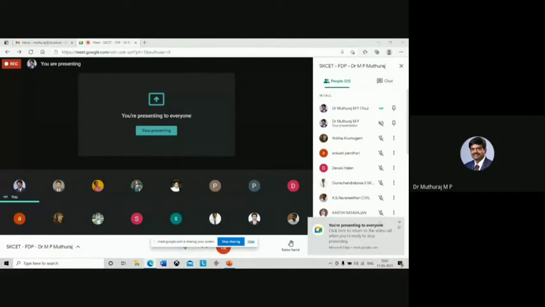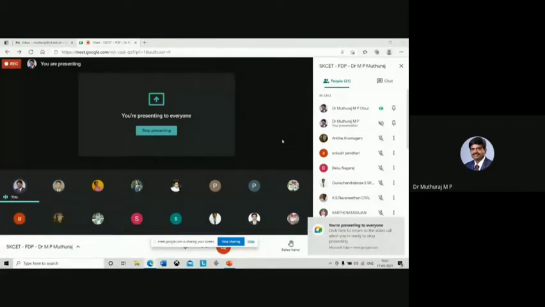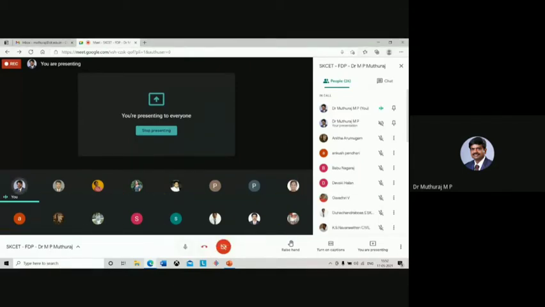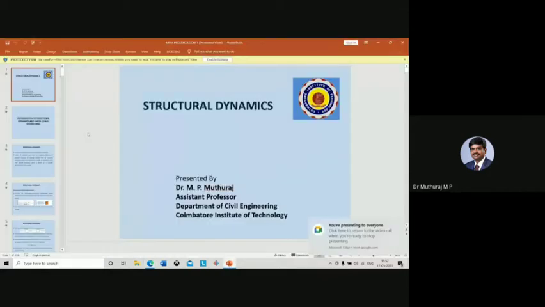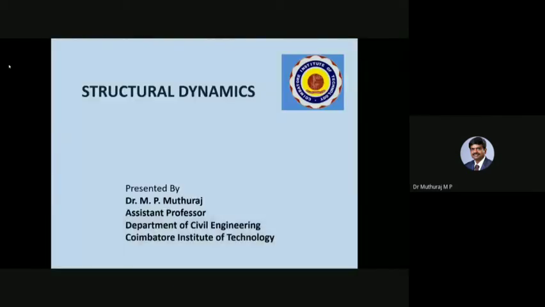In today's session, we are going to understand how the retrofitting of seismic affected buildings can be done. That is our aim. Before that, in my first presentation, I will explain how earthquakes can be understood.